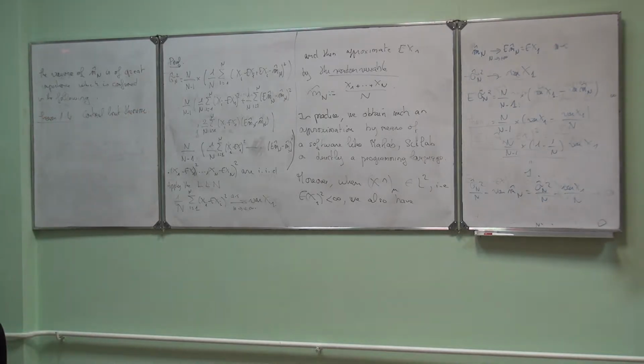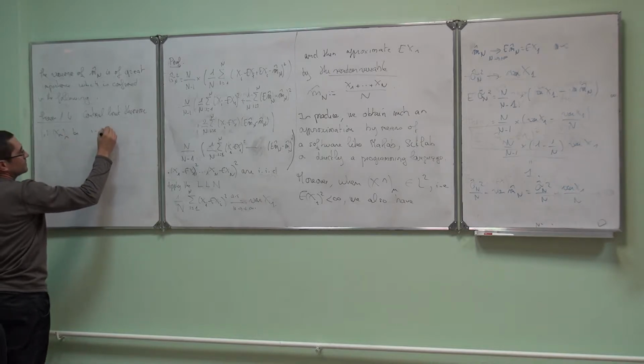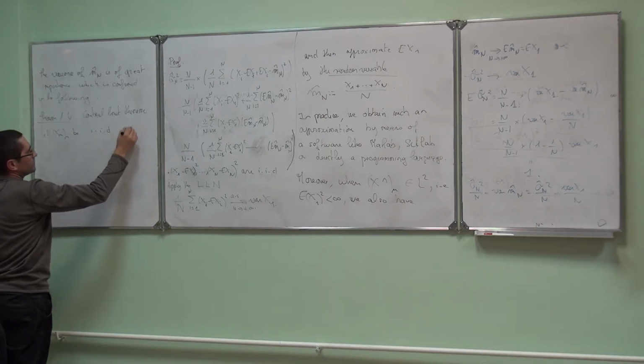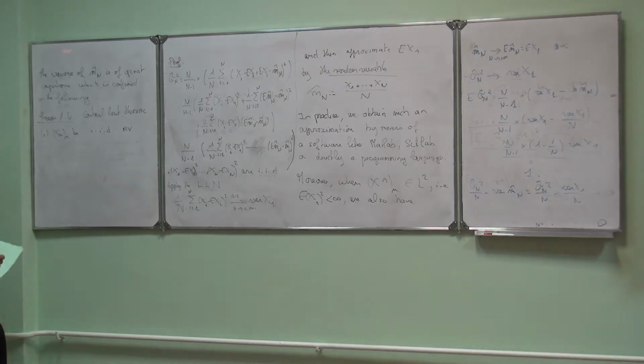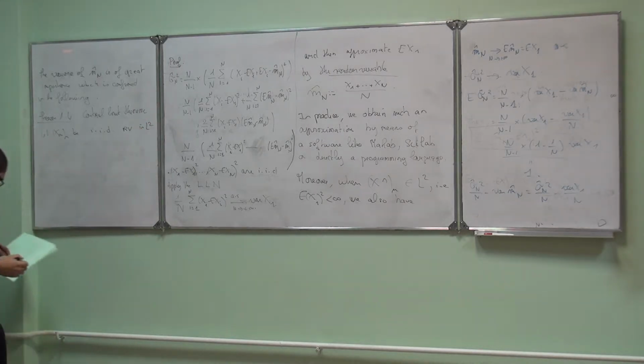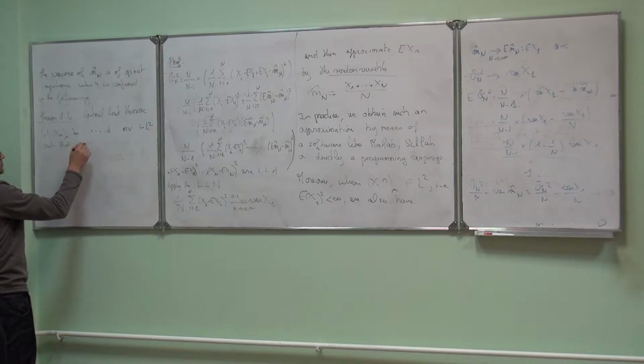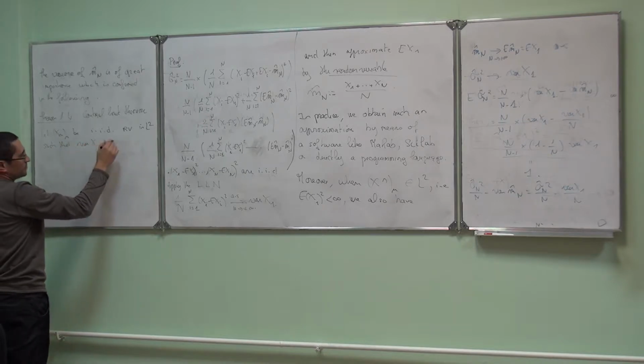Central limit theorem. Let X_n be IID random variables in L2, such that the variance of X_1 is strictly positive.